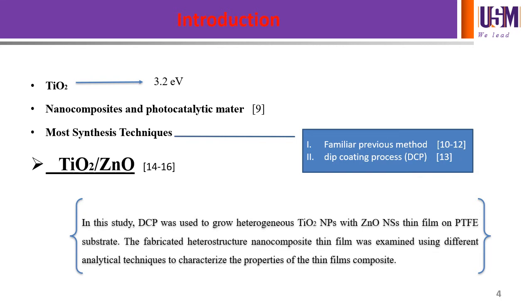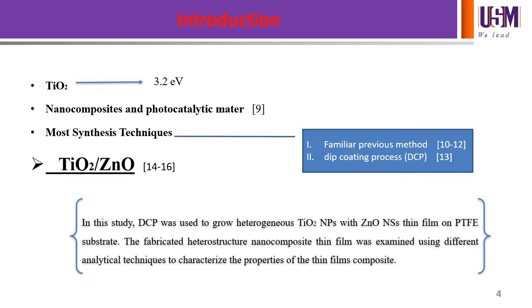The previous results showed that their characteristics had already been greatly altered based on the binary titanium dioxide zinc oxide nanocomposites using either physical or chemical procedures.